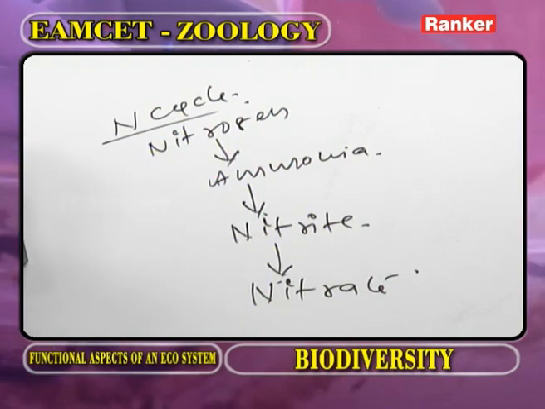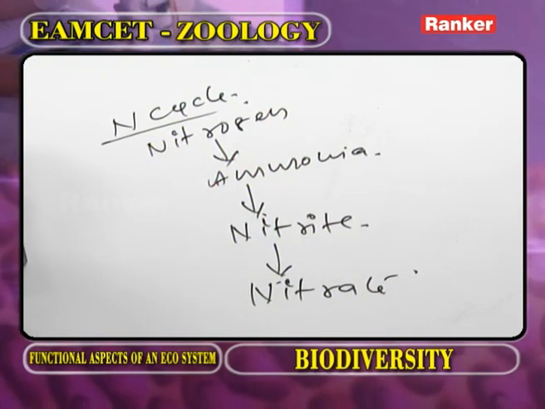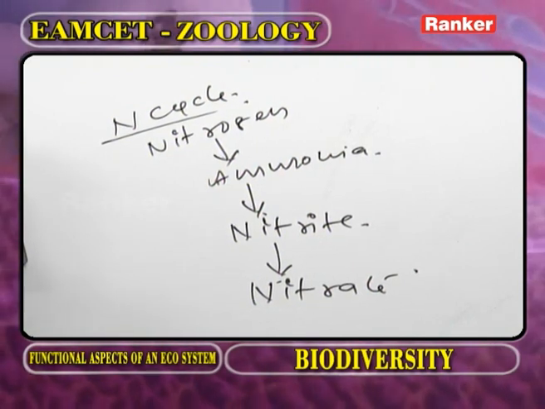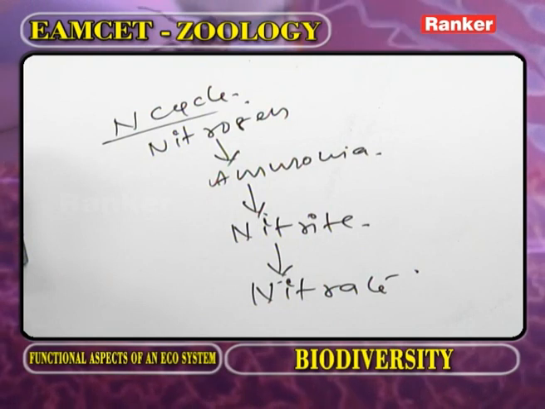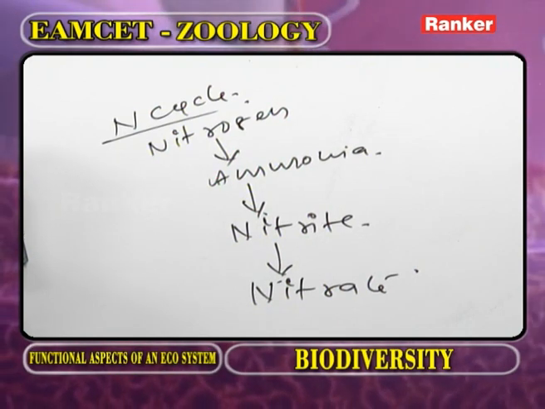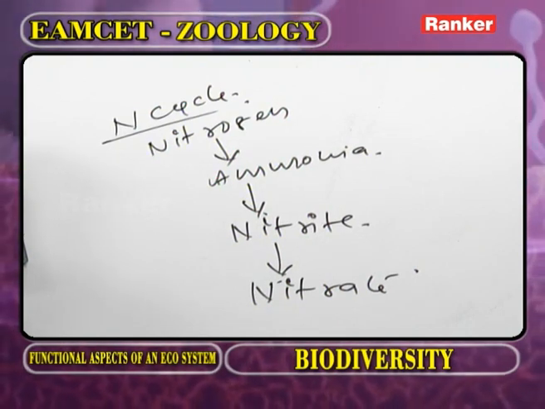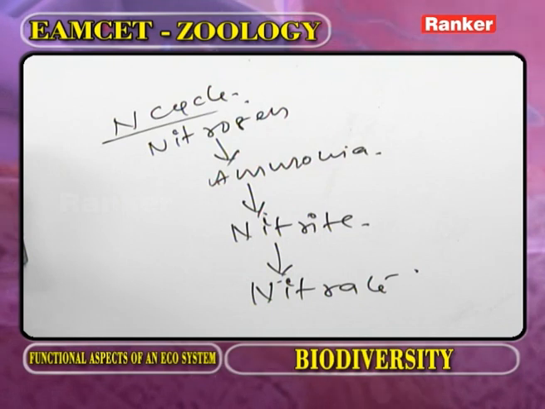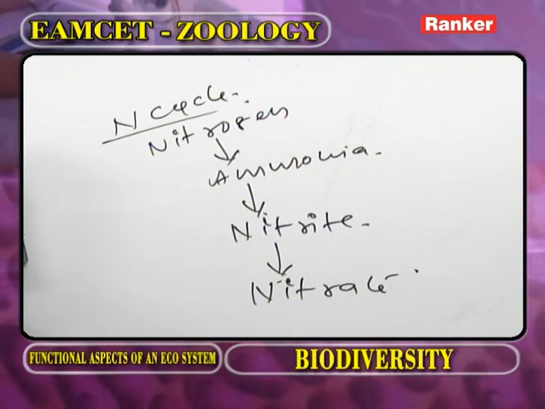Now in the soil, what is the nitrogen-fixing bacteria? Azotobacter. In the Leguminaceae family, in the root nodules, it is Rhizobium. In water, we call it cyanobacteria or blue-green algae.